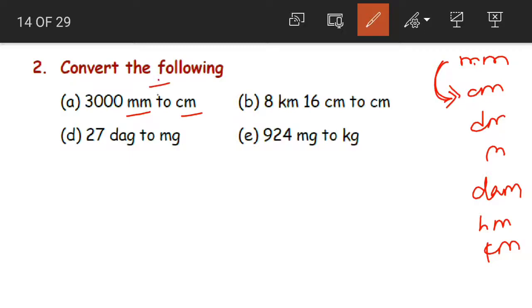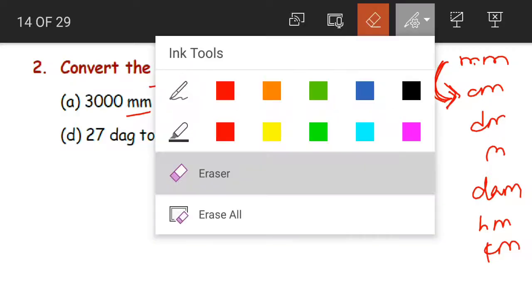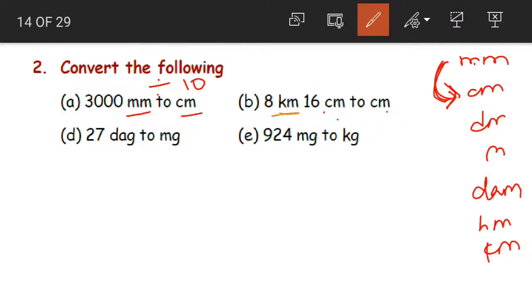And so we need to divide. By how much should we divide? Only one jump is needed. So by 10. Next, kilometers and centimeters to centimeters. It is already here, 16 is already in centimeters. So we need not convert that. We'll just see kilometers to centimeters. So here are kilometers, 1, 2, 3, 4, 5.